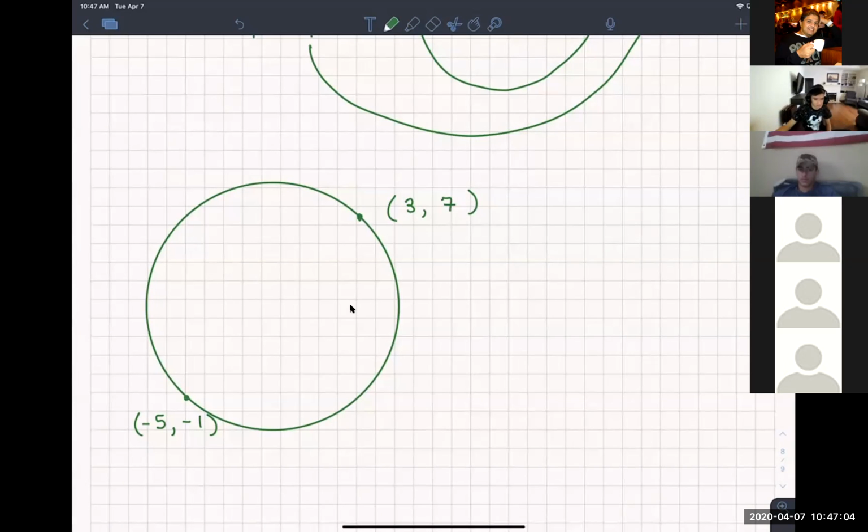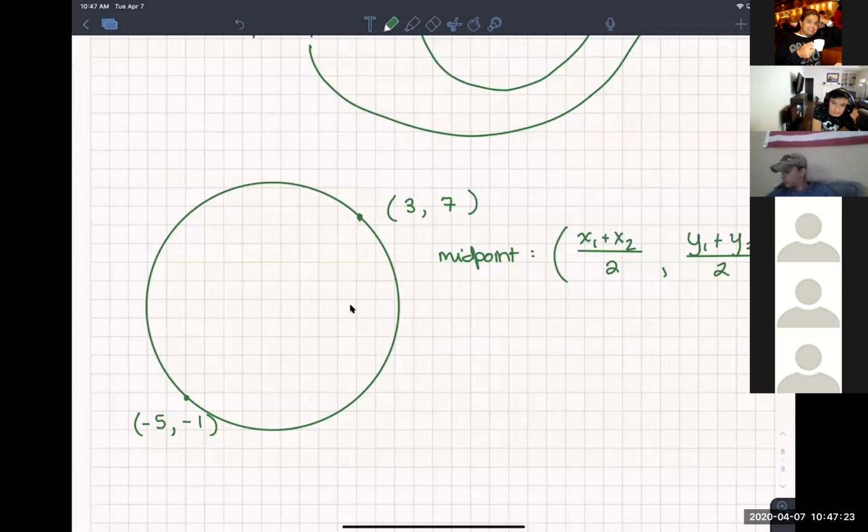So remember the 2 formulas you need to know? One was midpoint, and the midpoint formula was x1 plus x2 over 2, y1 plus y2 over 2.